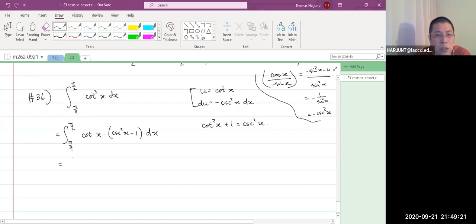This is integral from pi over 4 to pi over 2 of cotangent x cosecant squared x dx minus integral of cotangent x dx.